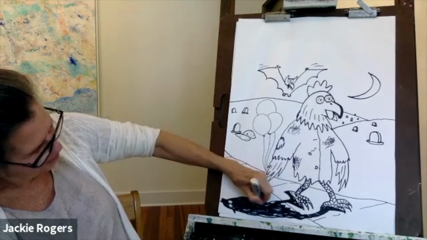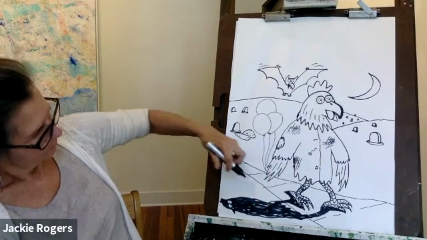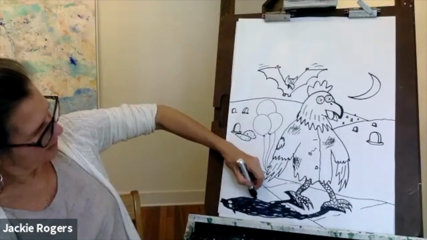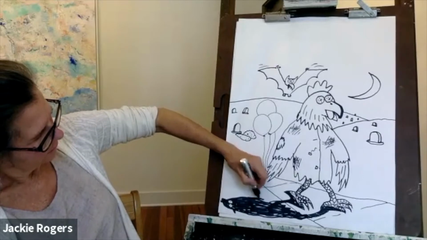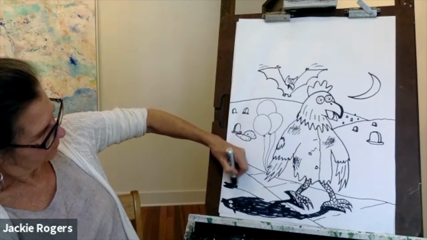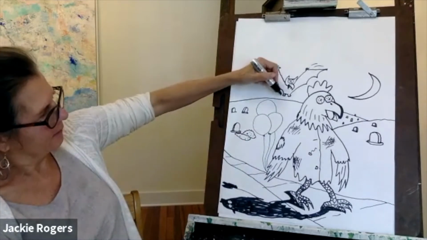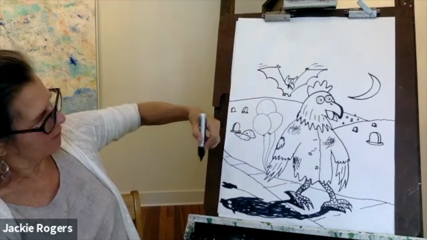You guys get the shadow thing? See how that works? See, and then he's got his balloons, which are casting shadows too. And our bat could be casting a shadow, but it could be off the page.